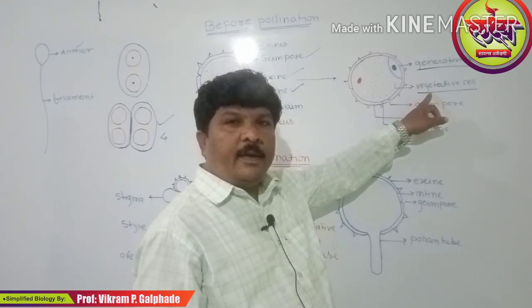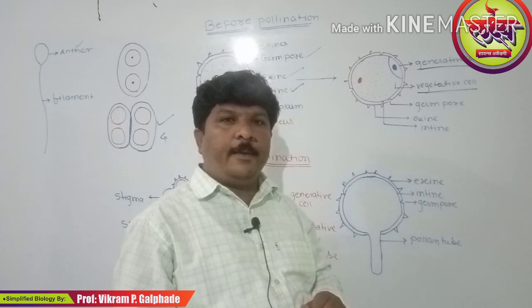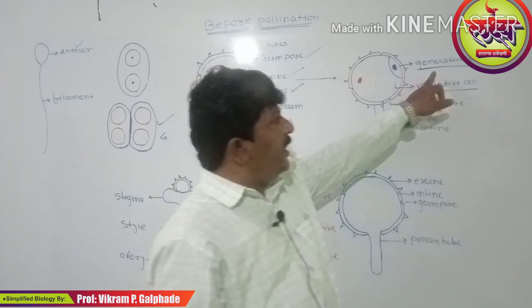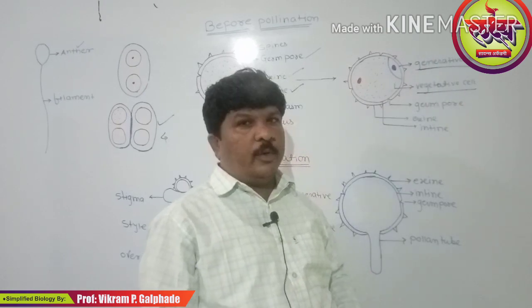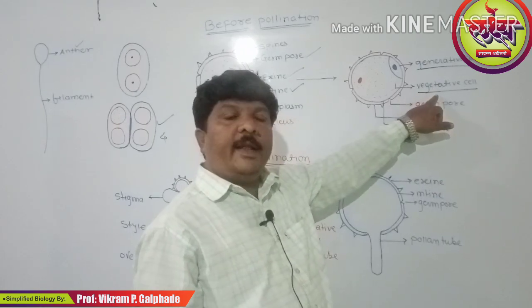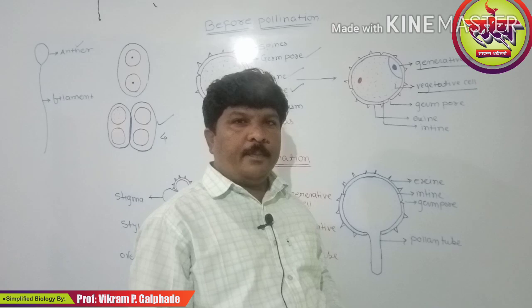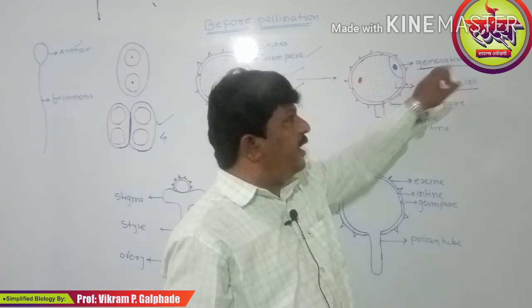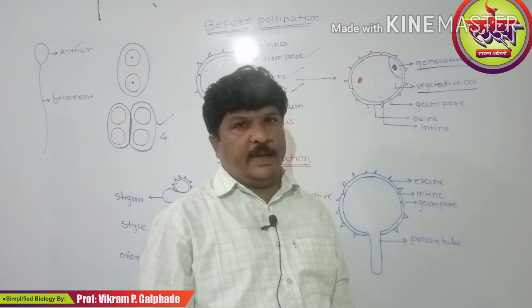The vegetative cell has a reserve of food material. The generative cell does not have a reserve of food material. The vegetative cell is called the tube cell, and the generative cell is called the sperm cell.